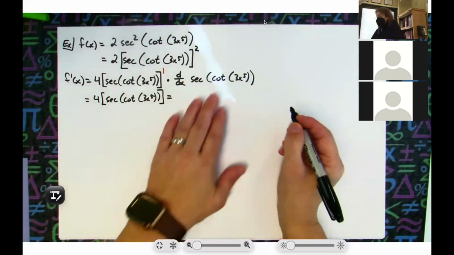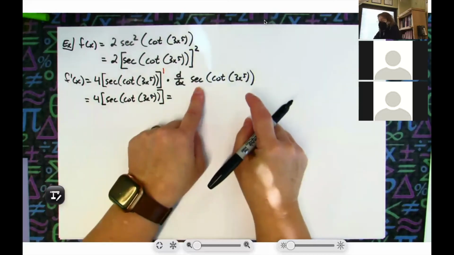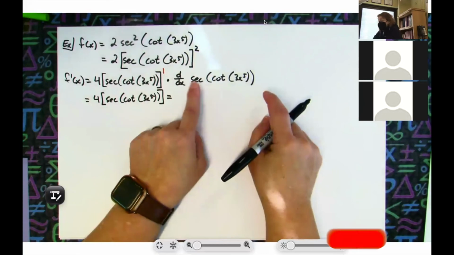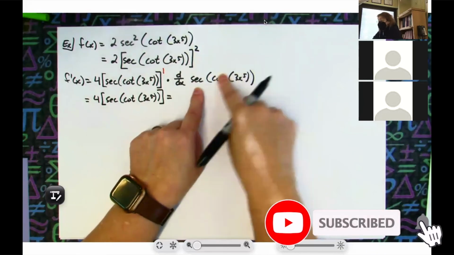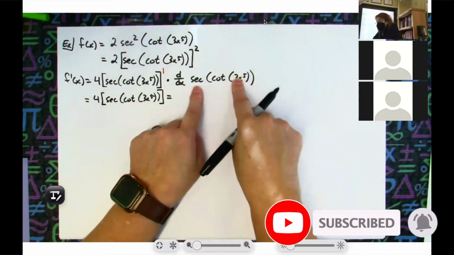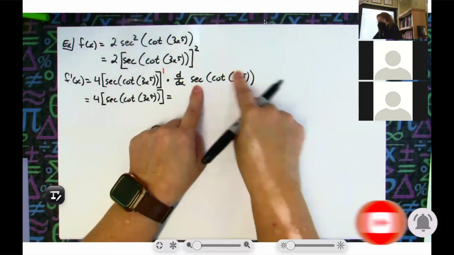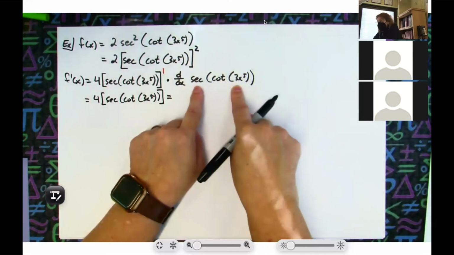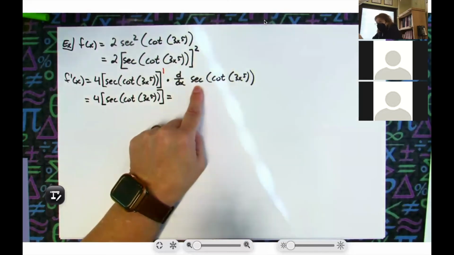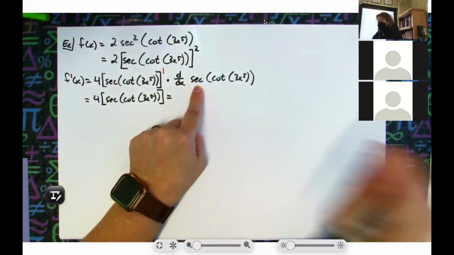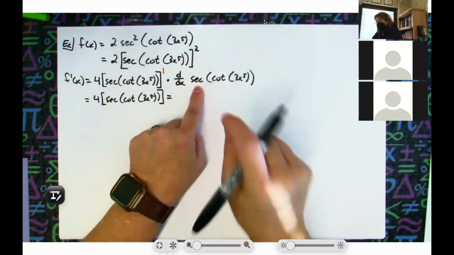Now the most outside part of this function is secant, right? Because this is all the inside. So the derivative of the outside, leave the inside alone. Derivative of secant is secant tangent. So secant, leave the inside alone. Tangent, leave the inside alone.